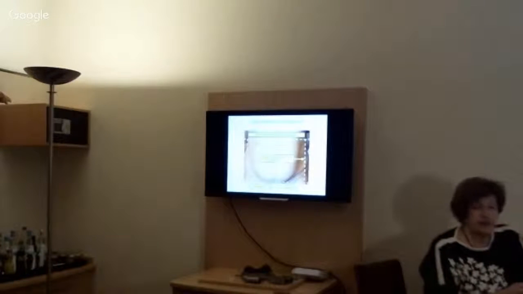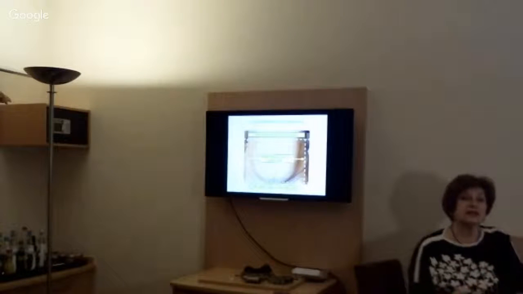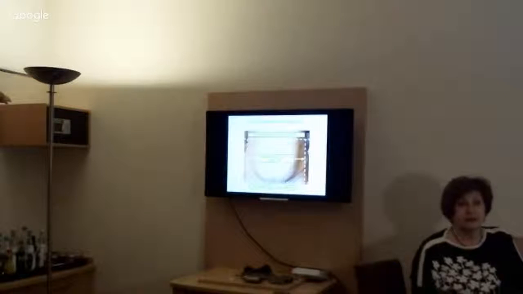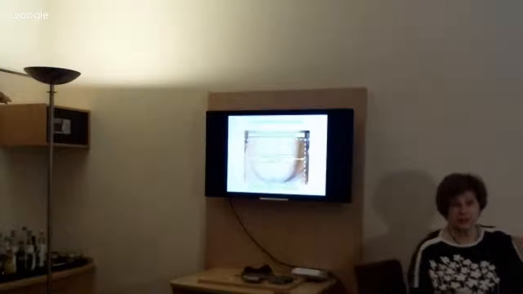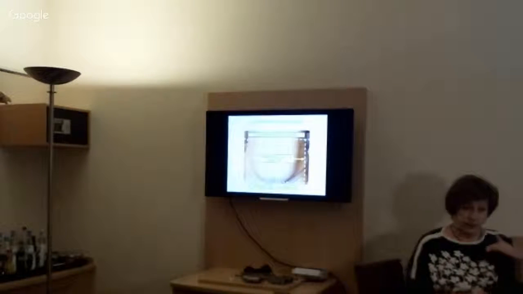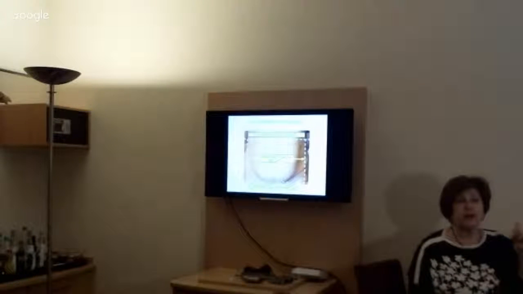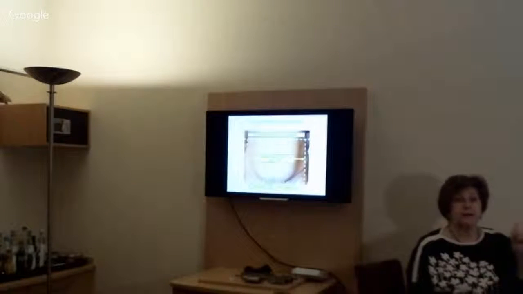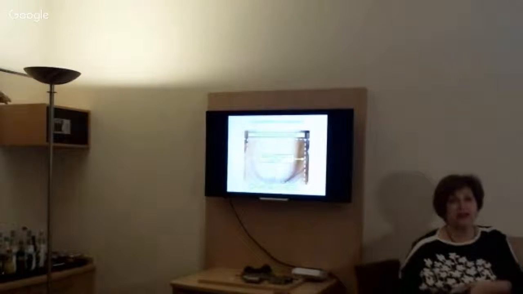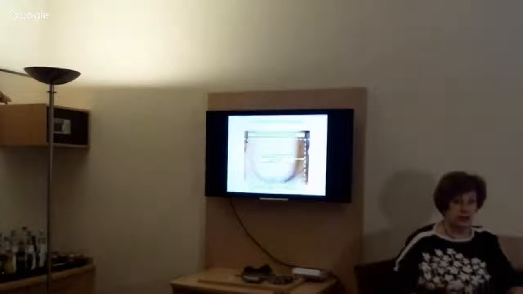The abdominal squares are not always equal in size, upper and lower. It depends on the constitution of the patient. So the upper squares could be bigger than the lower squares, or there could be some asymmetry. The lateral squares could be different from one another.